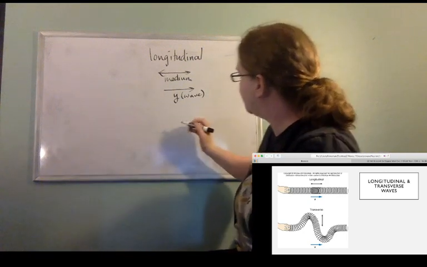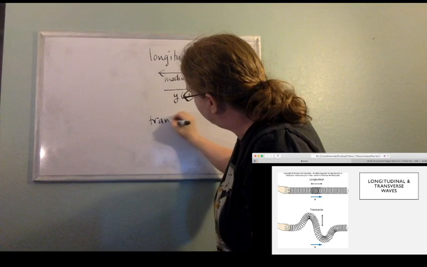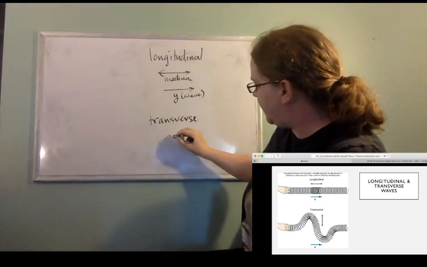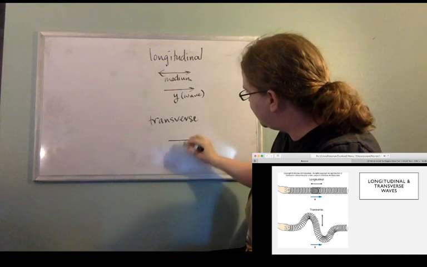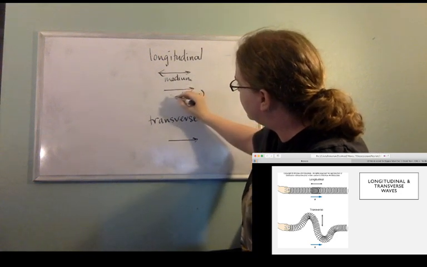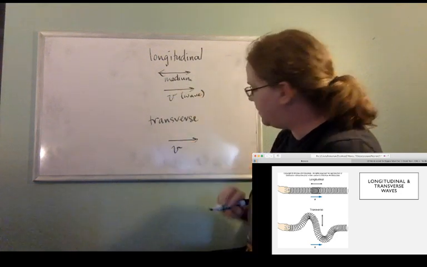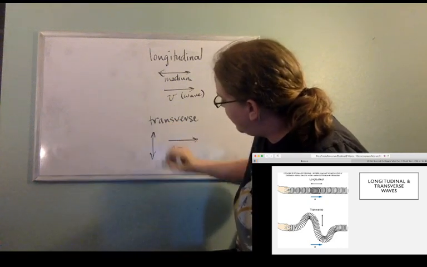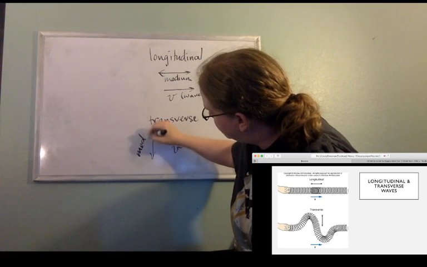But for transverse, it's perpendicular. So if the wave motion, I'll call this v instead of y, the velocity of the wave itself is sideways, but the movement of the medium is up and down.